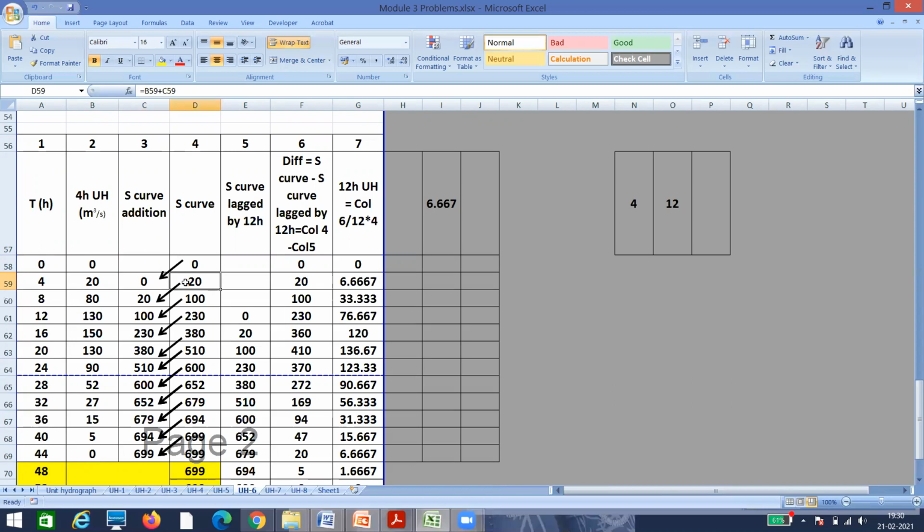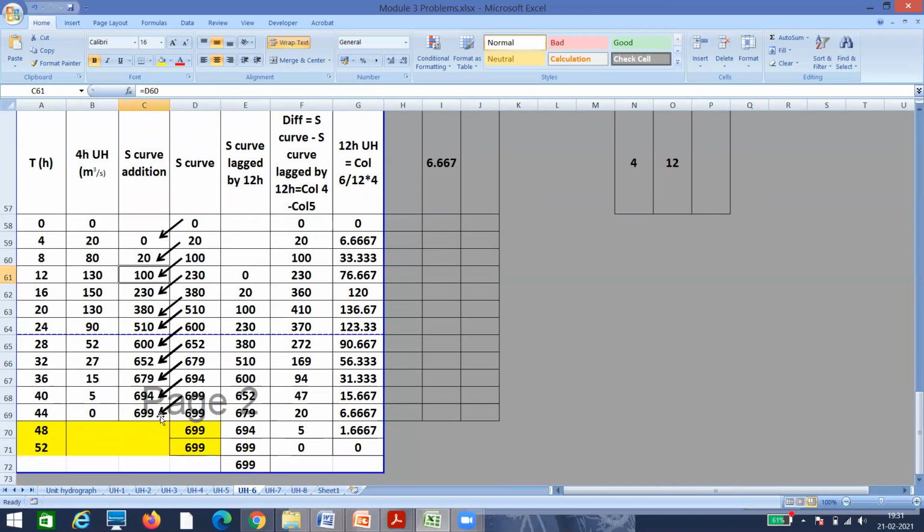I'll take it diagonally down to the next row, 20. Again, 80 plus 20 is equal to 100. This 100, I'll diagonally take it down, 100. Similarly, I'll be calculating till the end. And as you reach the end, the values become constant. Most of the time, the last 2-3 values become almost constant.